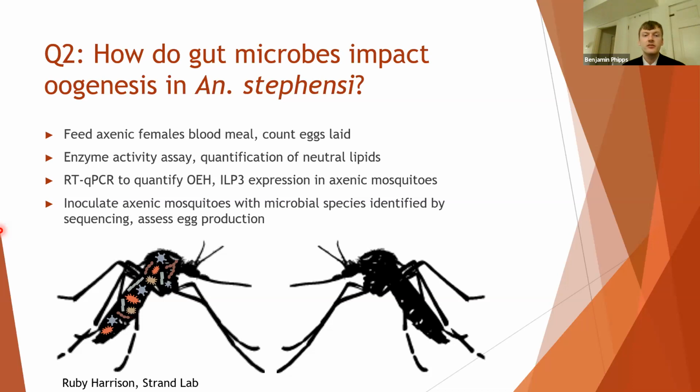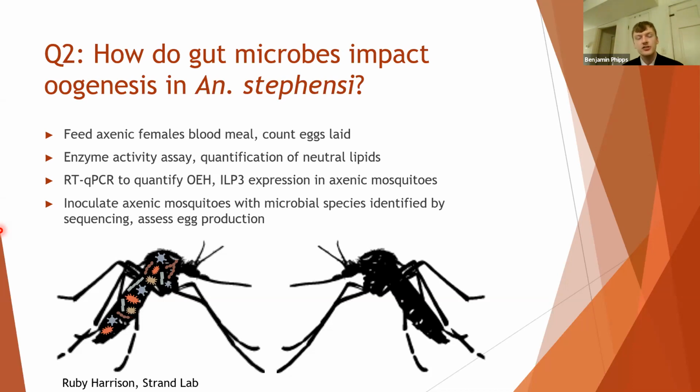And we've done this in our lab and have seen that we can rear these to adulthood and get them to take a blood meal and everything. And so I'll feed these axenic females a blood meal and count the eggs laid. And we anticipate that if these microbes are essential for egg production, these axenic females will fail to produce eggs.